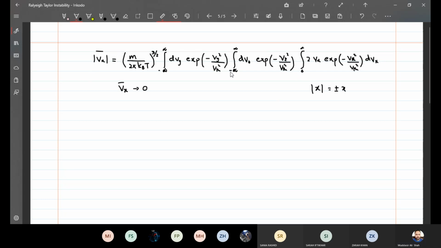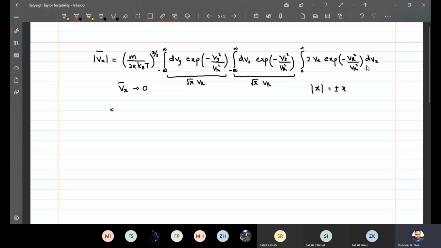When you solve this integral and this integral, they both give you the value of square root pi times v thermal. Similarly, this will be square root pi v thermal. So this is the integral that we are looking for.